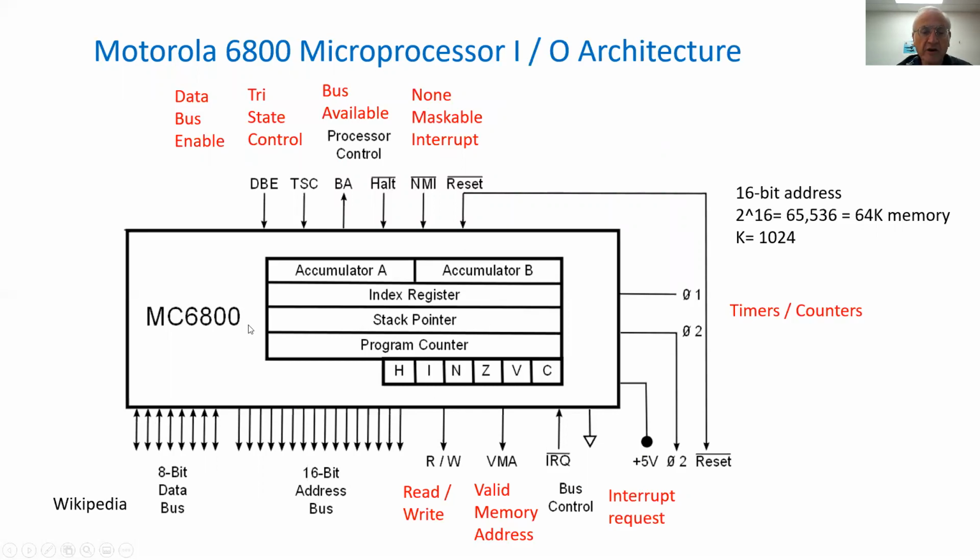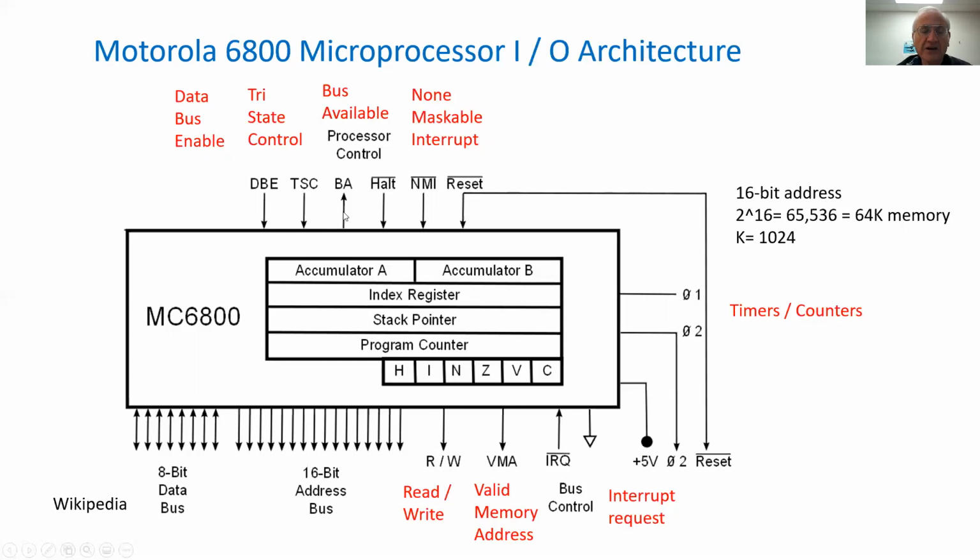It has accumulators, we'll see in a minute, and it has various input and output ports other than the address and the data. It has data bus enable tri-state control, where the microprocessor can disable this address and have an external source going into the address.